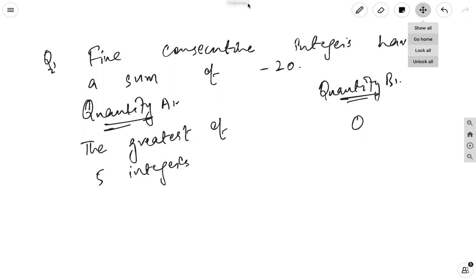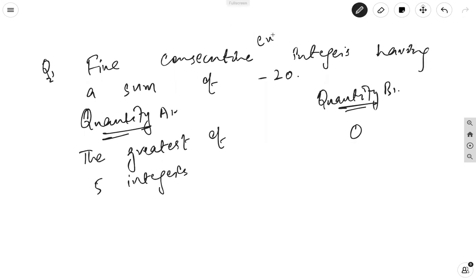Let's change this question. Let's suppose we have 5 consecutive even integers now. Now solve this question. C. Anyone else?